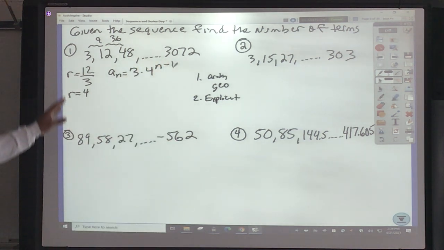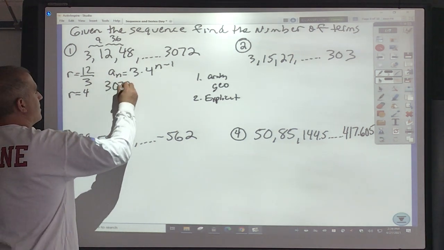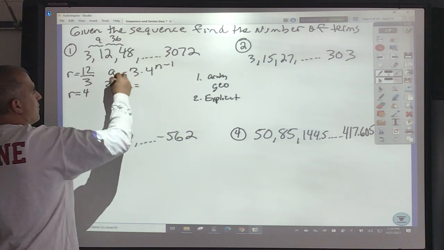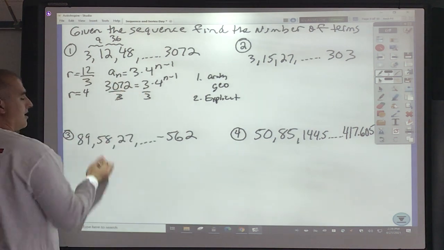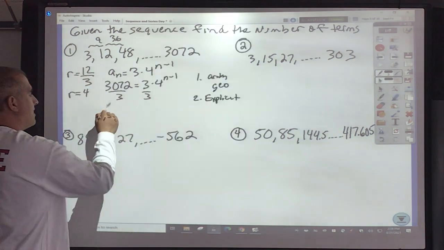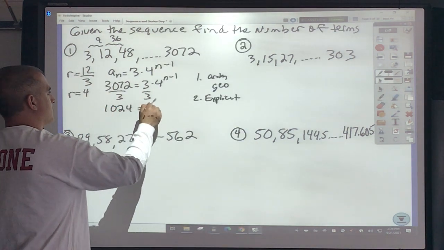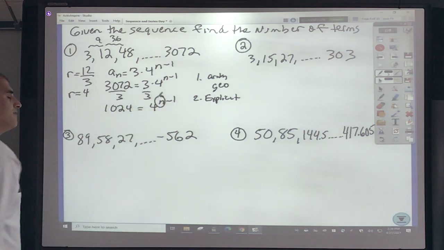Now, I don't know the number of terms. So what I can do for this is go ahead and put 3,072 in for my last term. I divide by 3. So 3,072 divided by 3 is 1,024 equals 4 to the n minus 1. So all I've got to do is play around with the n now and figure out what that number would be.